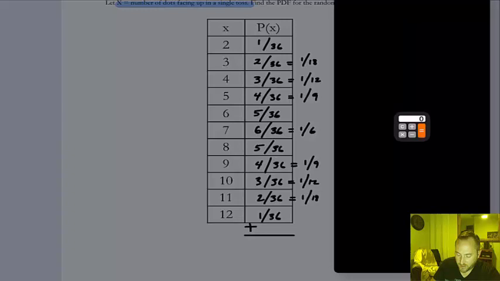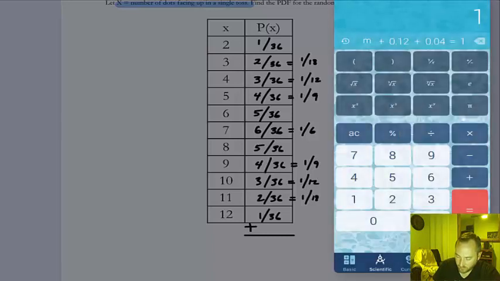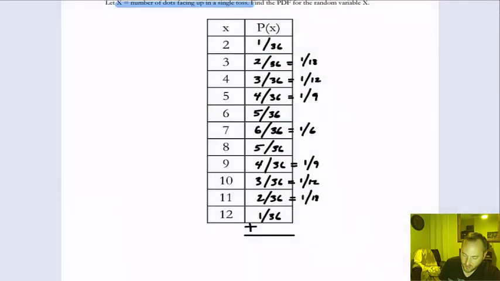Let's take 1 plus 2, for the numerators over 36, adding those all up: 3 plus 4 plus 5 plus 6 plus 5 plus 4 plus 3 plus 2 plus 1. And there you go, you get 36 for the total of the numerators.